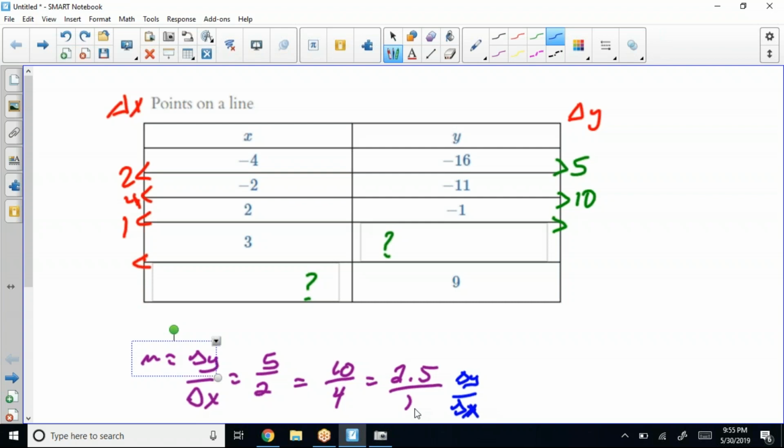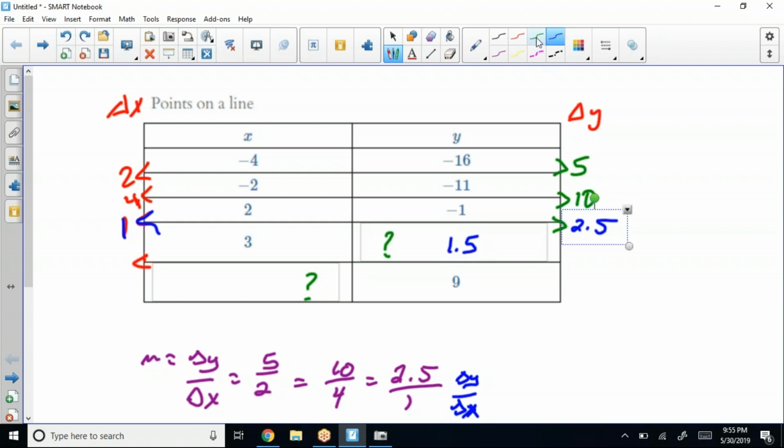So that helps us to get the first one. This is changing by 1, so this has to change by 2.5. So -1 plus 2.5 should be 1.5.